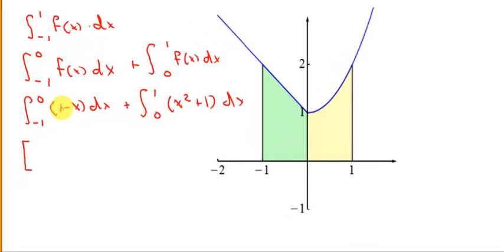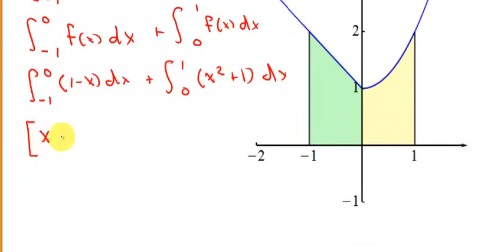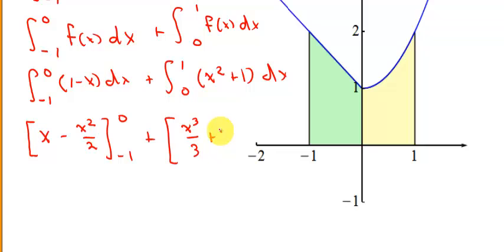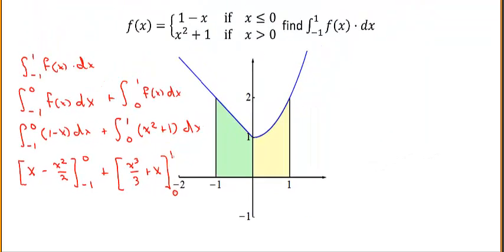So an antiderivative of 1 is x, the derivative of x is 1, minus antiderivative of x is x squared over 2, and that goes from negative 1 to 0. Plus antiderivative of x squared is x to the third over 3, plus antiderivative of 1 is x, and that goes from 0 to 1.